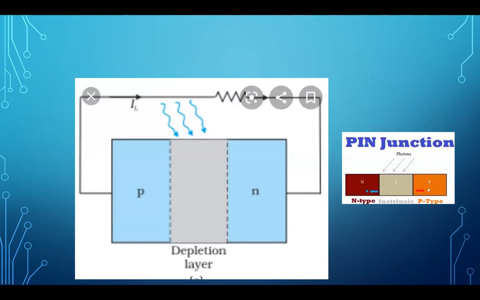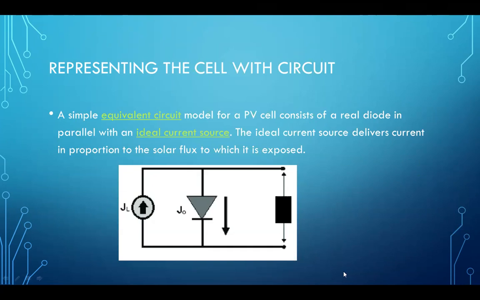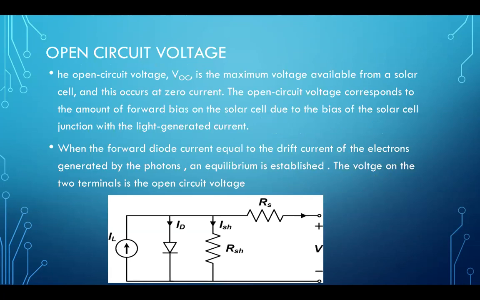In case I don't have any connection here, or I have a very big resistance, I will end up with no current flowing in this direction. It's an open circuit, so I have no current here. I have the maximum voltage that I can get out of my solar cell, and this is what we call the open circuit voltage.